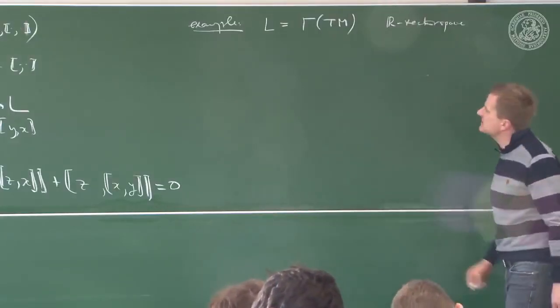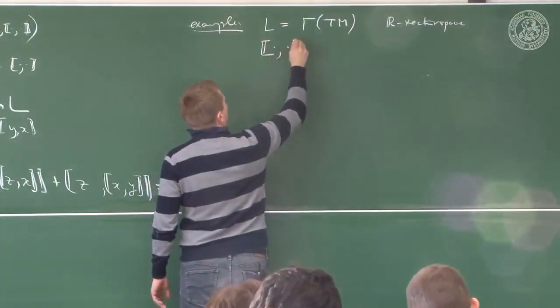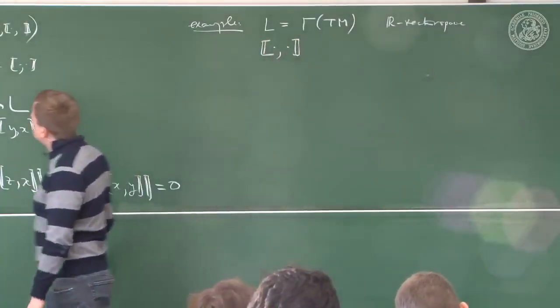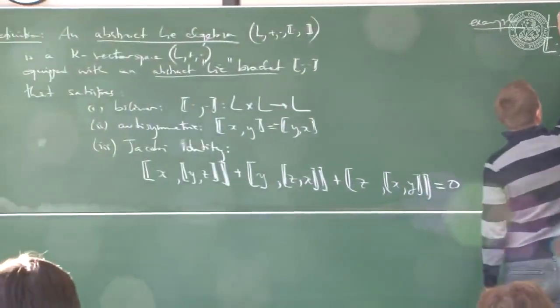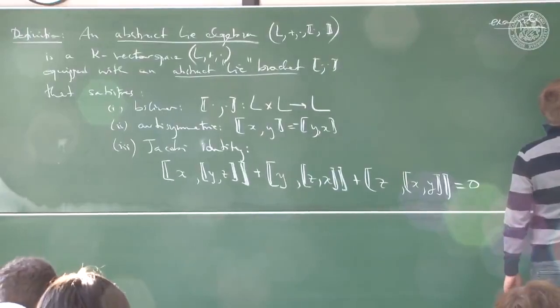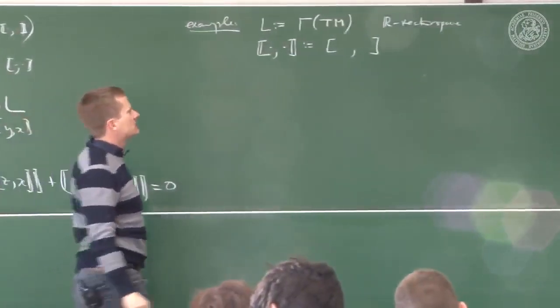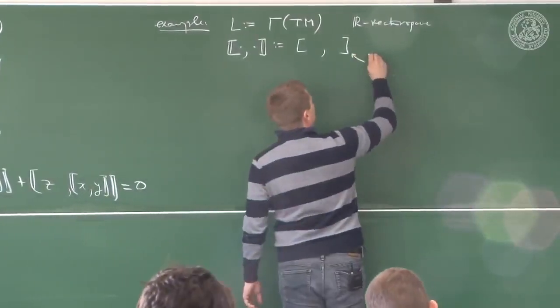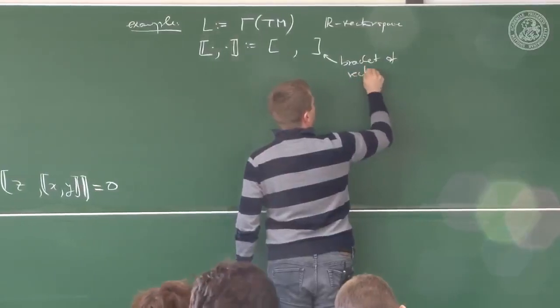All right? That's this L. And as the abstract Lie bracket, did I call it the abstract? Yeah, I called it the abstract Lie bracket. As the abstract Lie bracket, I take the bracket we defined for vector fields. You remember? So, the bracket of vector fields.